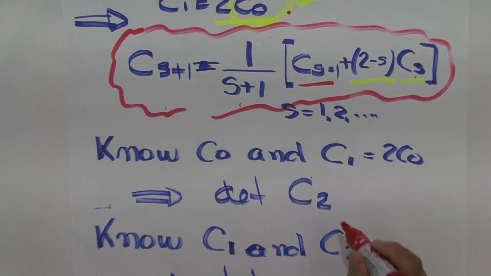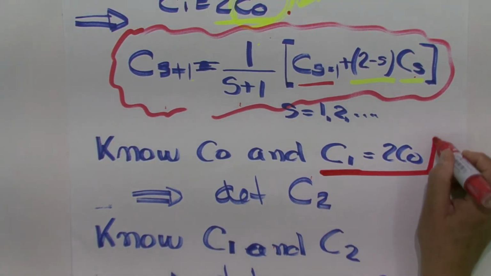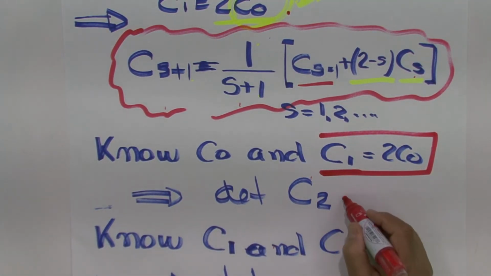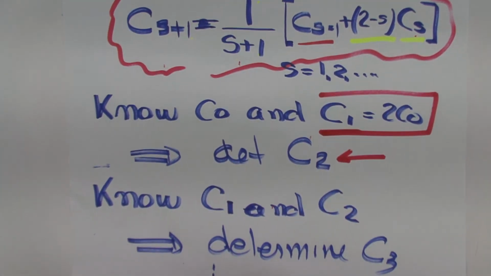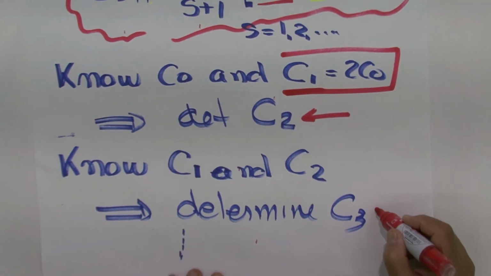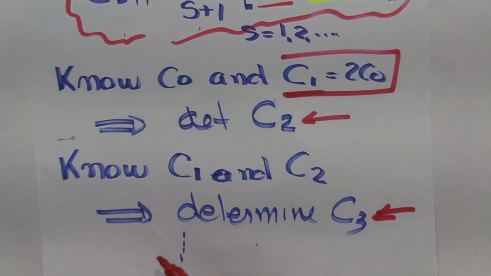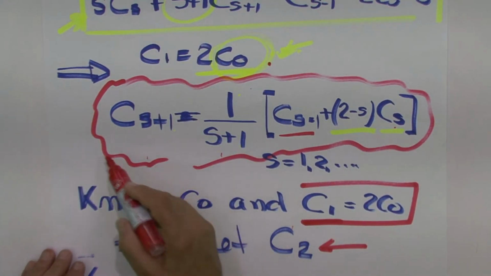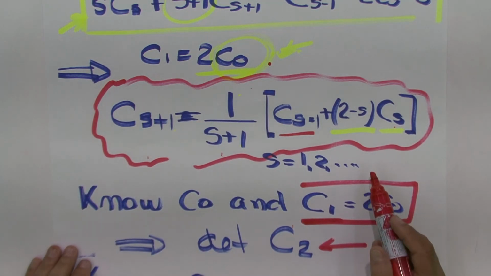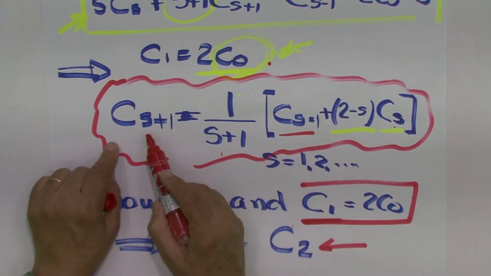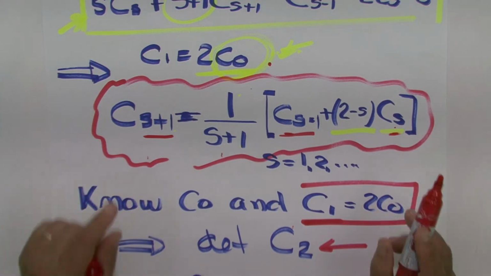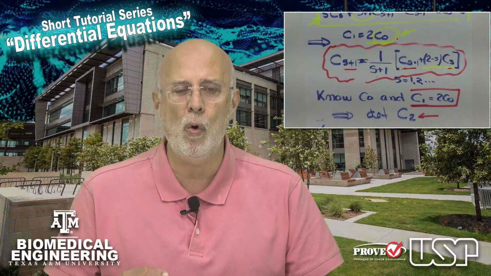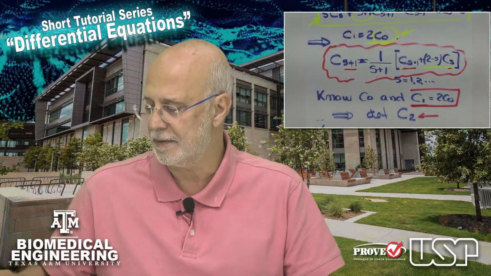By knowing C1, given by this, I determine C2. And then by knowing C1 and C2, I determine C3. And then by knowing C2 and C3, I determine C4. And I determine everything, so I know all the coefficients. So normally, having the recurrence equation, which is the relation between coefficients of different subindex, I'm able to determine all the coefficients of the series.